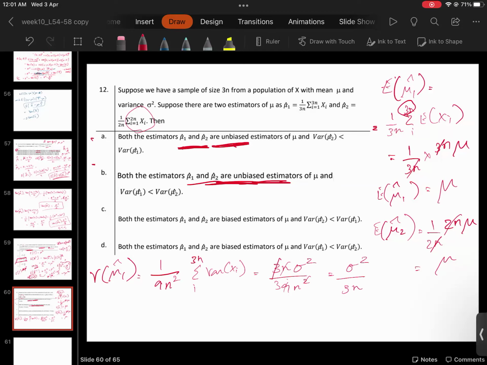So this is your variance of mu1 hat. Now variance of mu2 hat is equal to 1 by 2n, so that becomes 4n square, into summation i to 2n variance of xi. So you'll have 2n sigma square divided by 4n square, which is sigma square by 2n.